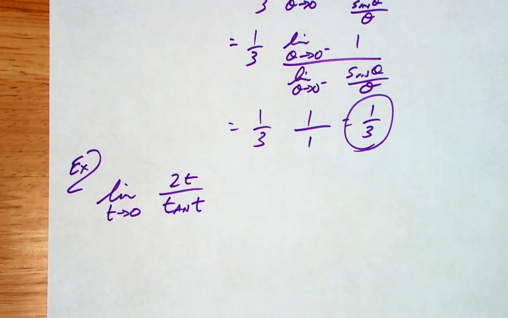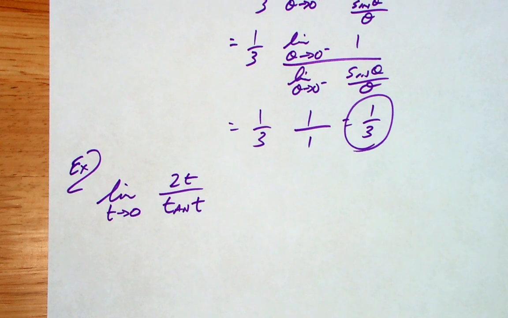Tangent. Okay. In terms of our other trig functions, what is tangent? Sine over cosine. It's sine over cosine.